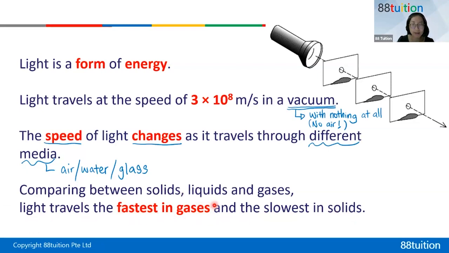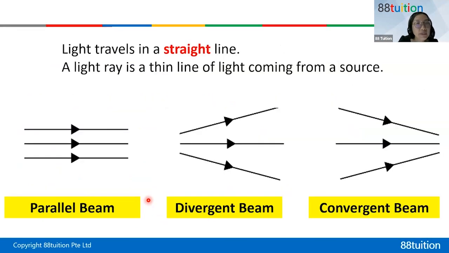In gases, the particles are far apart, so it's as if there are spaces for light to pass through. So light travels the fastest in gases. Hopefully that will help you remember better.